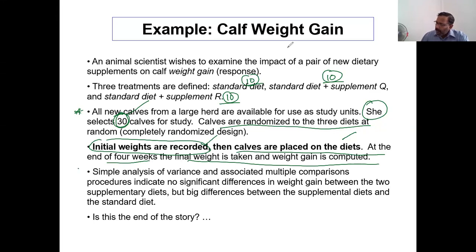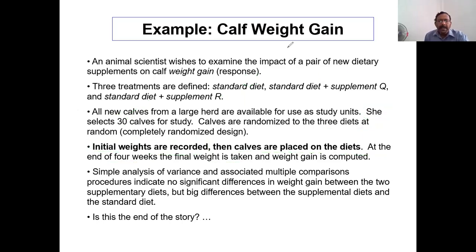Now, without considering anything, can you tell me what kind of design that is? Without considering ANOVA and so on, what is the simplest design that we can apply?